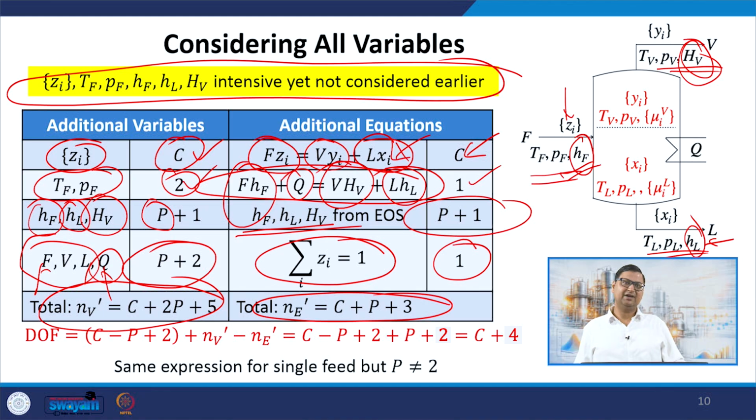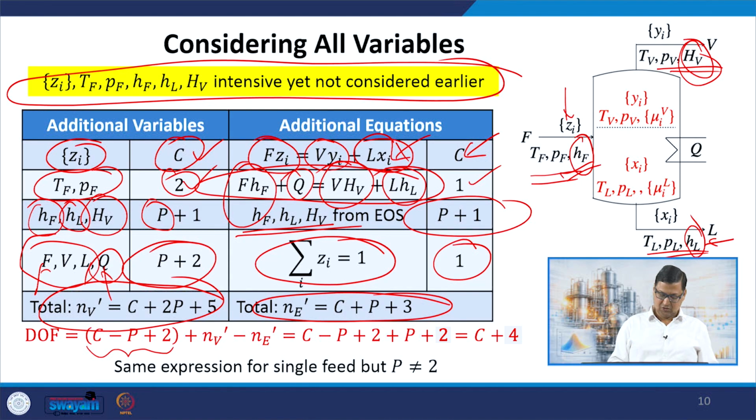So, if we find the degree of freedom, I now begin with whatever we have obtained earlier, number of variables minus number of equations considering only intensive variables, and now I add whatever degree of freedom comes by adding the new variables minus the new equations.